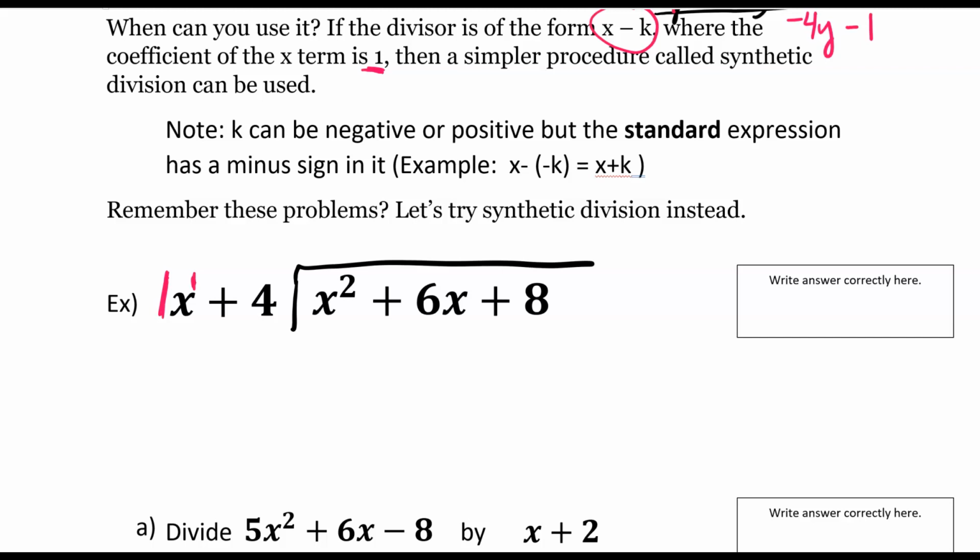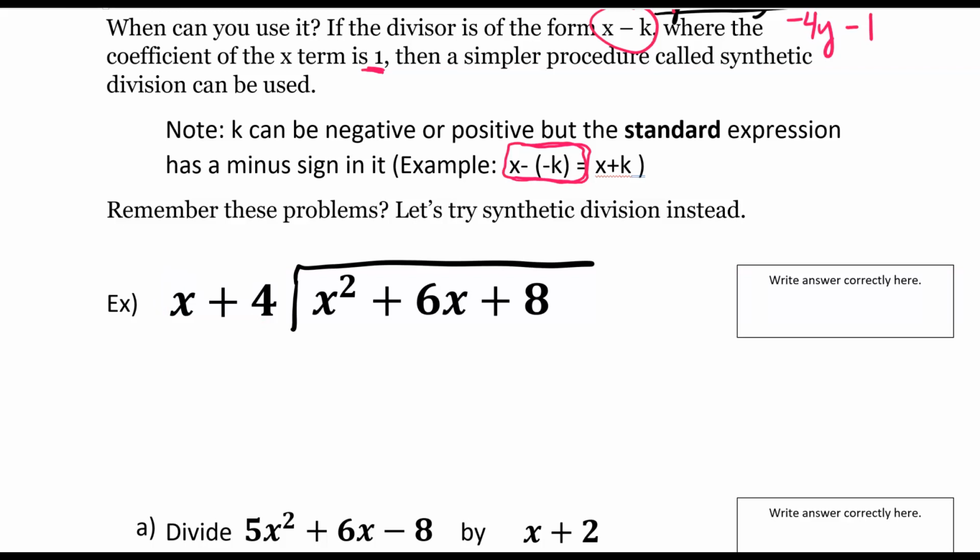And here's what you need to do. The first thing you're going to do for synthetic is figure out what your k is in the divisor. That's a little tricky because it's always opposite of what you see. So if this is positive 4, then your k is actually negative 4.